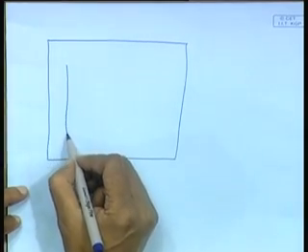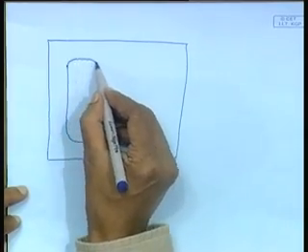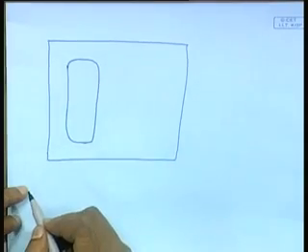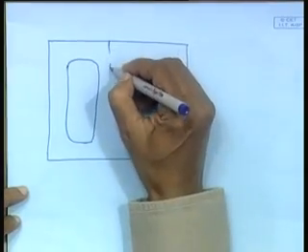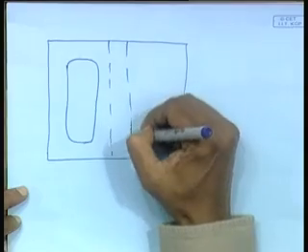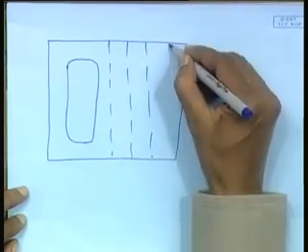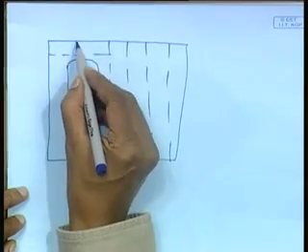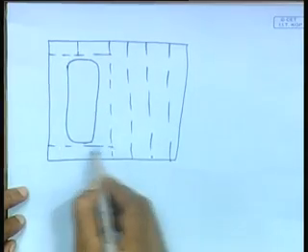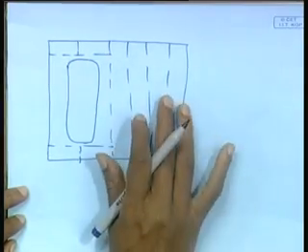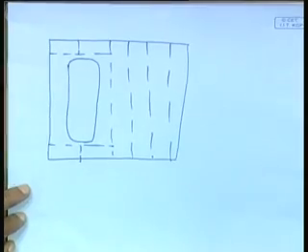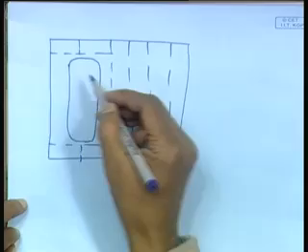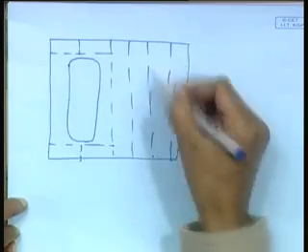Here you have, say, the door opening, and the rest you have the vertical stiffeners. Assume this is one of the walls of an accommodation region, with a door opening and vertical stiffeners.